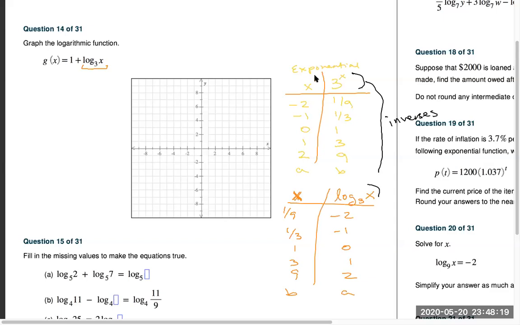Now let's do this in a separate color. Let's go deep blue. One plus, and then this part we did in orange.